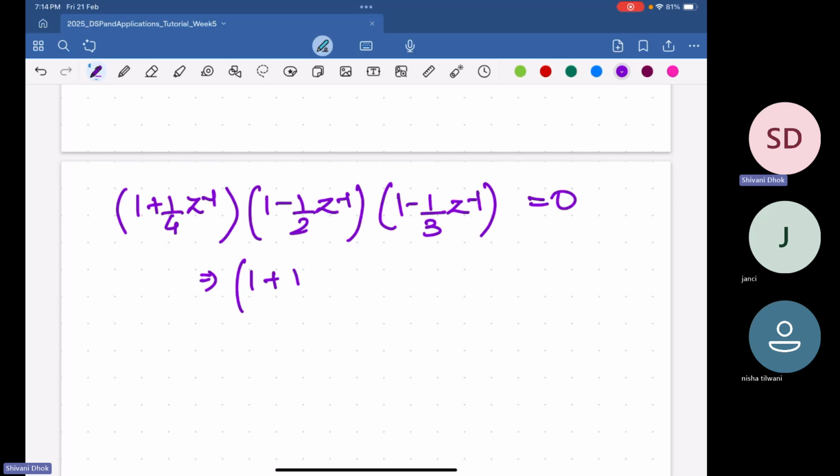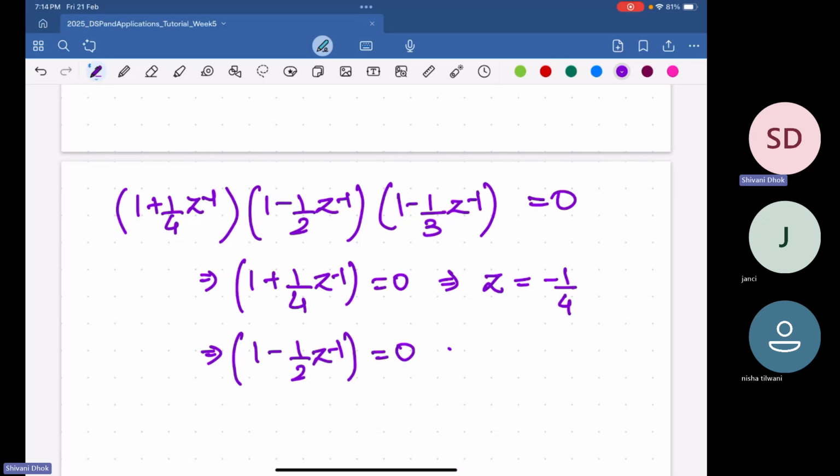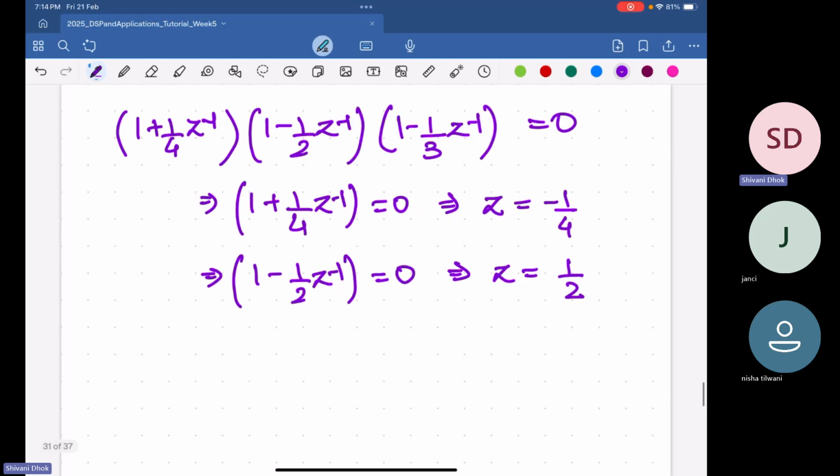So we can have 1 plus 1 by 4 z inverse equal to 0, which means that z equal to minus 1 by 4 is a pole. Another is 1 minus 1 by 2 z inverse equal to 0, which means that z equal to half is also one of the poles. And 1 minus 1 by 3 z inverse is equal to 0, so z equal to 1 by 3 is also a pole.